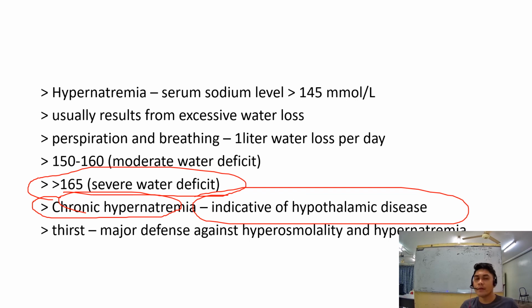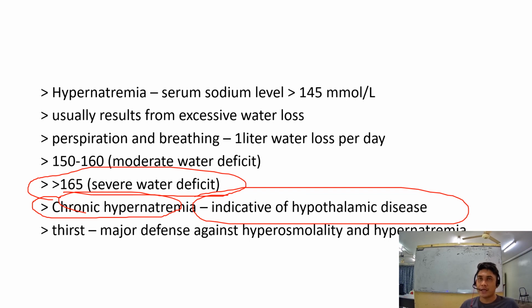Next, thirst is a major defense against hyperosmolality and hypernatremia. That's why you feel thirsty. Maybe there's an alteration in your osmolality or in your sodium concentration. Remember the three main contributors of osmolality: sodium, glucose, and urea.